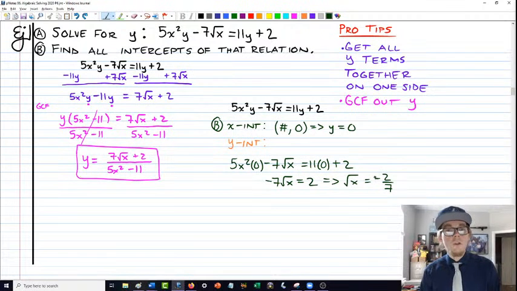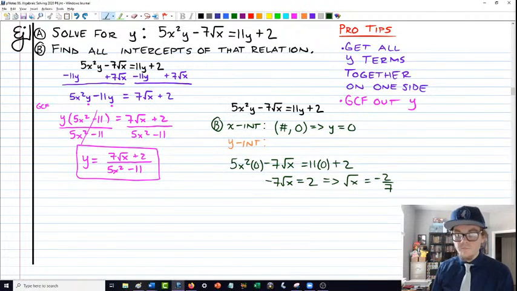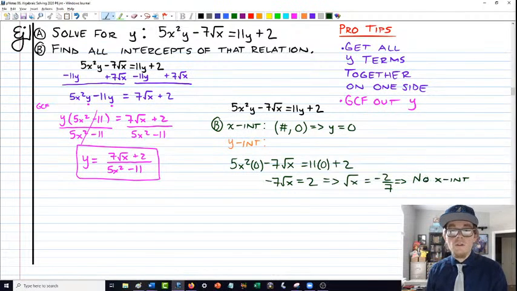Sure, you could go through and square both sides and get 4 over 49. But that's not actually going to give us the value we're looking for. It'll give us an extraneous answer, a fake answer, if you will. So from here, this tells me that there is no x-intercept. There simply is no point where this relation actually crosses the x-axis.